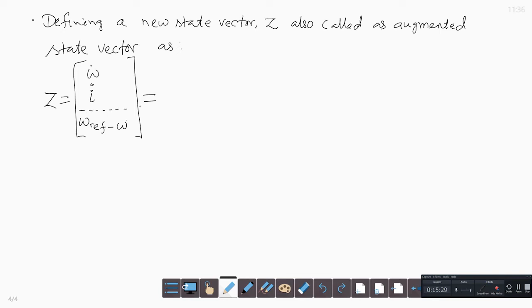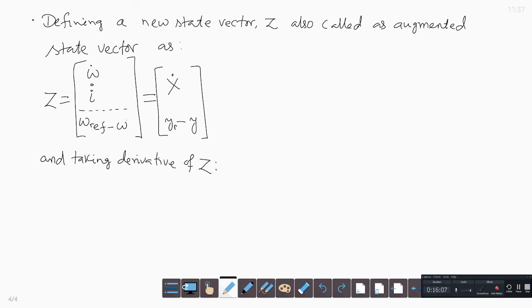The first two elements are x dot, the derivative of state vector x, and the second is reference speed minus actual output. This is a generalized representation of the augmented state vector. After defining Z like this and taking its time derivative, we get Z dot is x double dot and yR dot minus y dot.